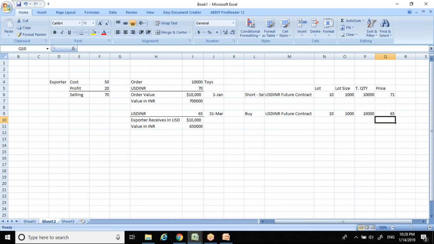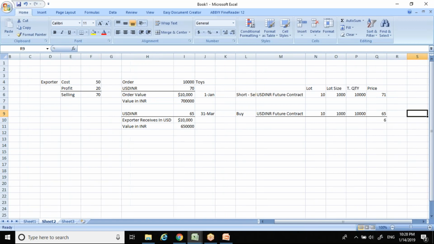Here you actually make a profit of 6, because you sold at 71 and purchased at 65. The total quantity is around 10,000, so your total profit would be much higher.